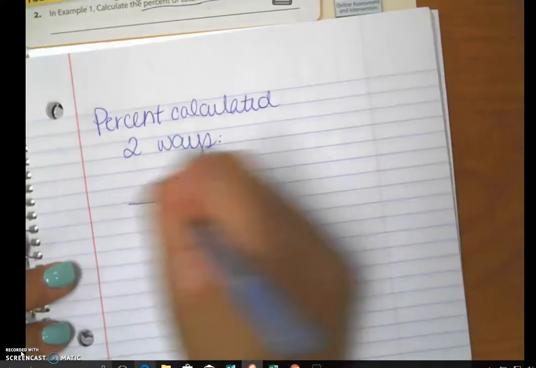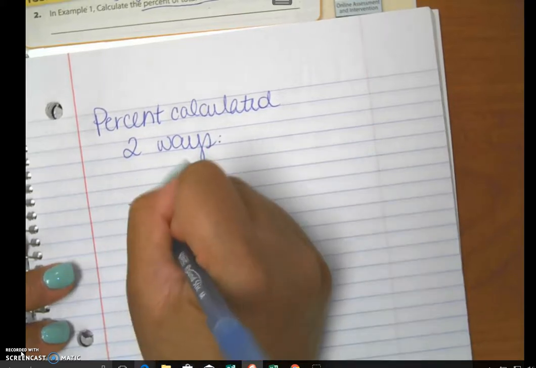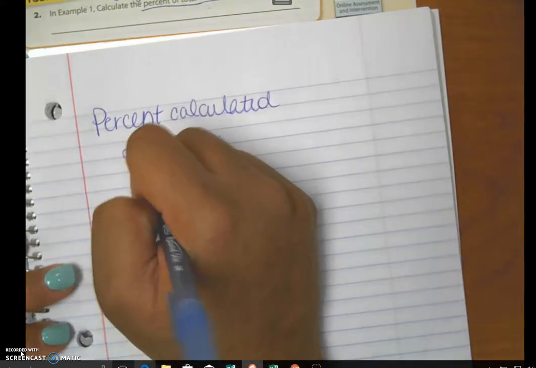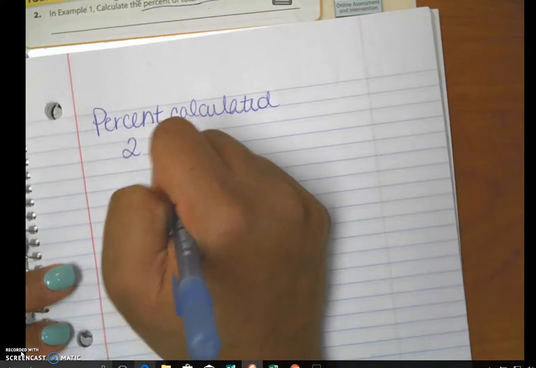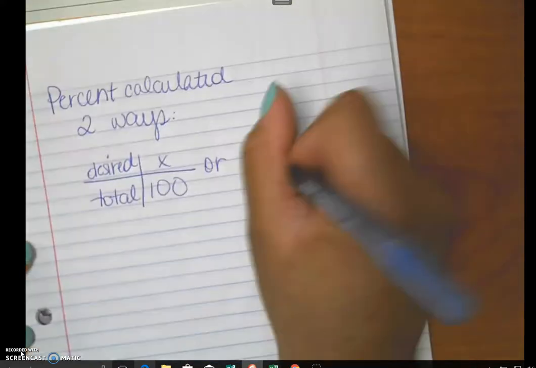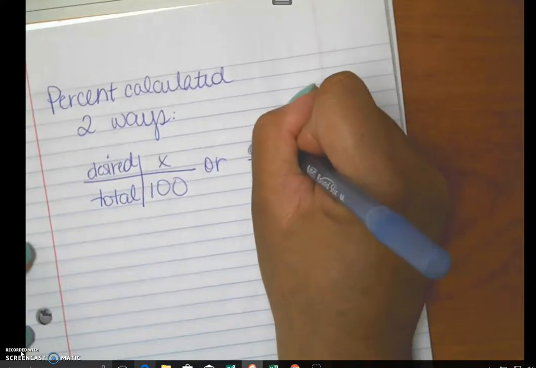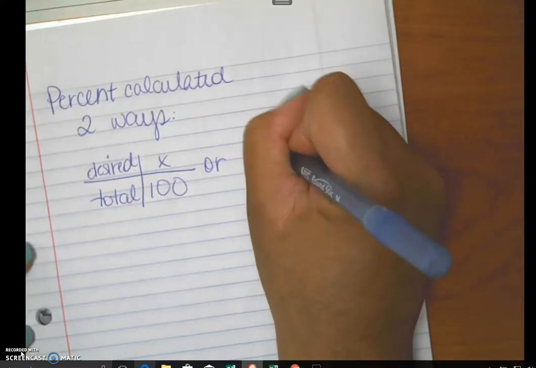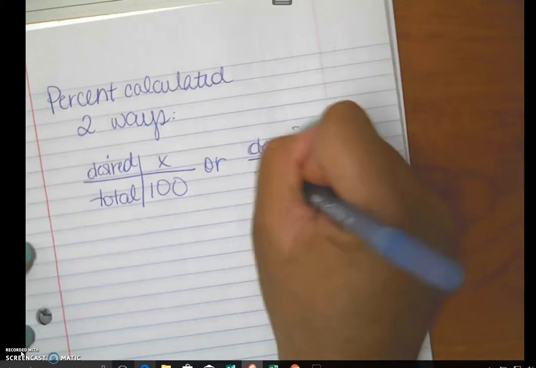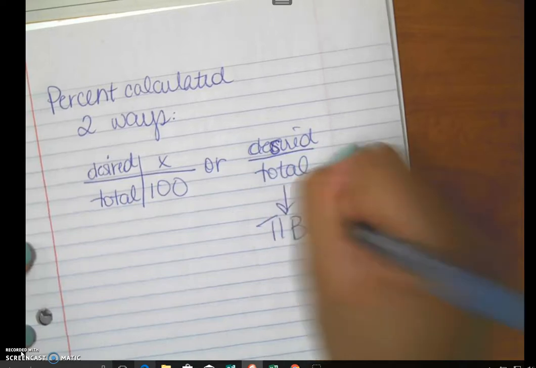Either a proportion box where you have X out of 100 and then you have the total and what they're asking for, so the desired part, or a fraction, the desired part, D-E-S-I-R-E-D, over the total, and then T-bow. That's top in, bottom out.